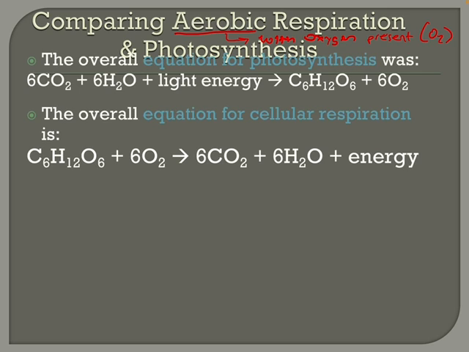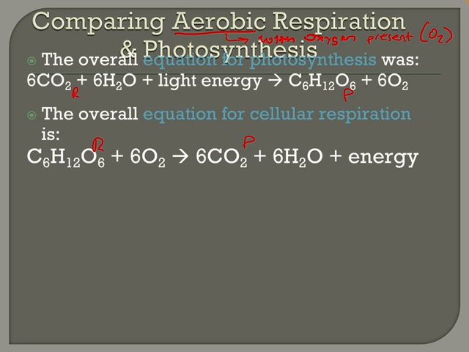So in respiration, you have your C6H12O6 and your 6O2, and that is going to be your reactants, right? So they're your reactants here, which is different than in photosynthesis where it was your products. And then you have your 6CO2 plus 6H2O as your products in respiration, where it was your reactants over here in photosynthesis.